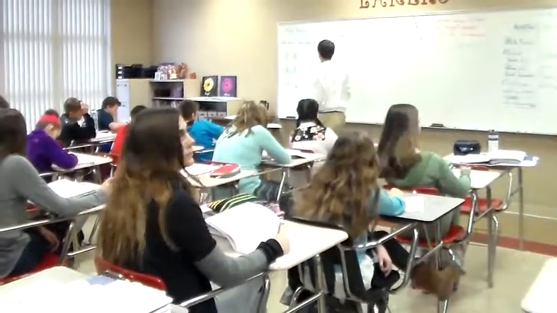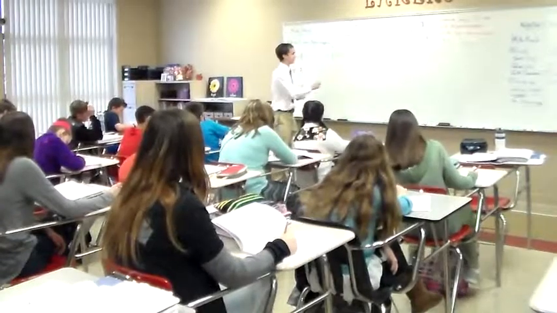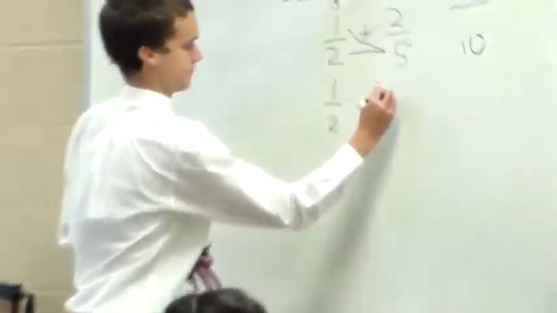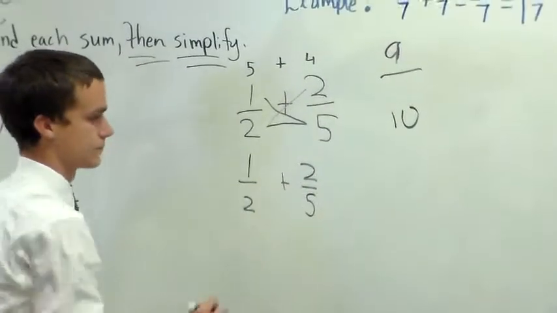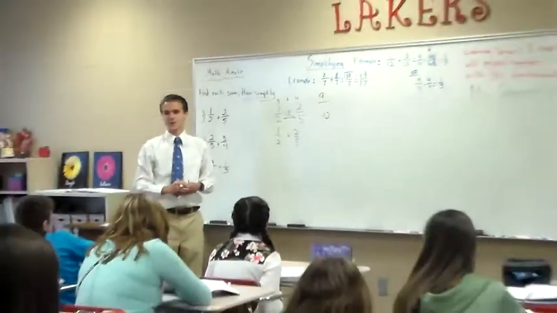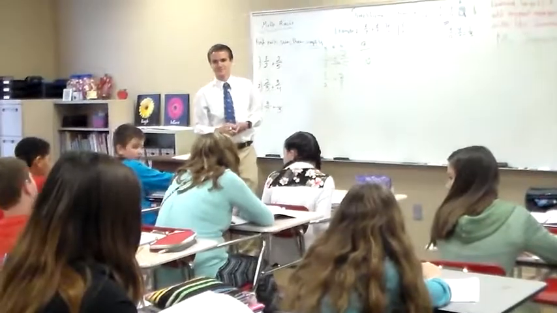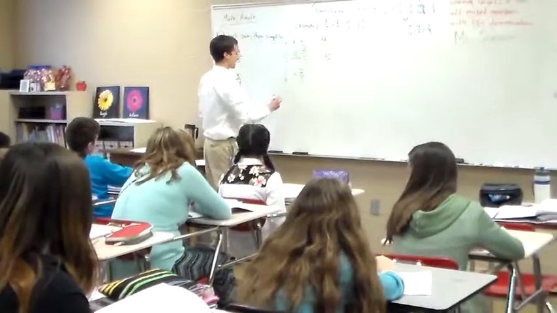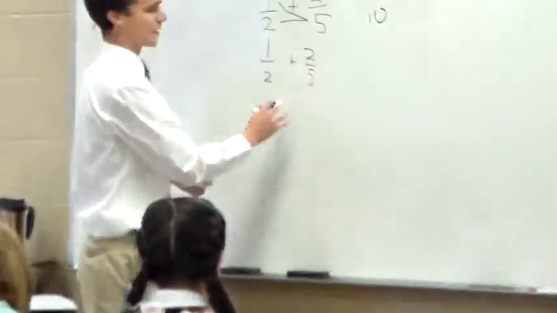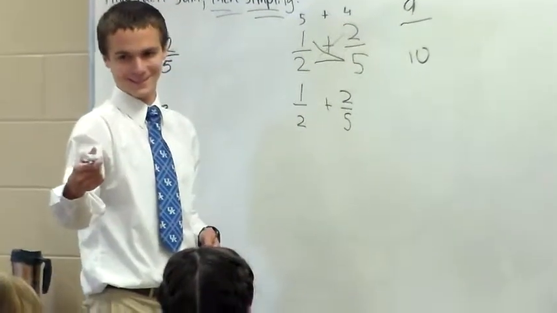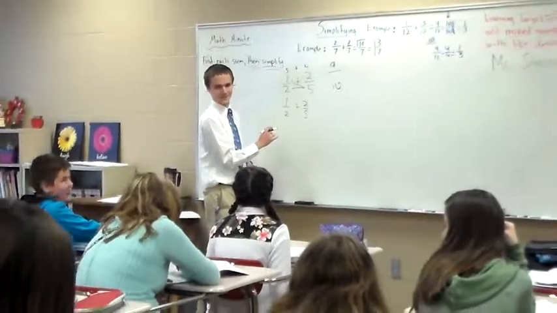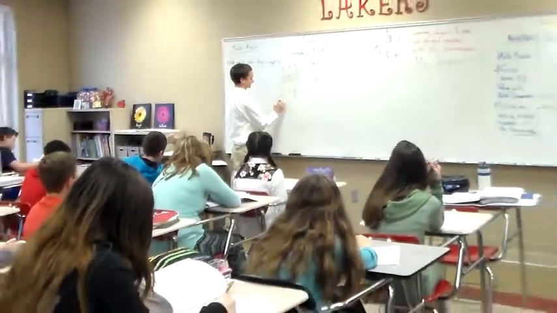LCM. How do you all work LCM out? We're going to rewrite this down here. What's the first step in doing LCM? Draw 2 lines and then an addition sign under.